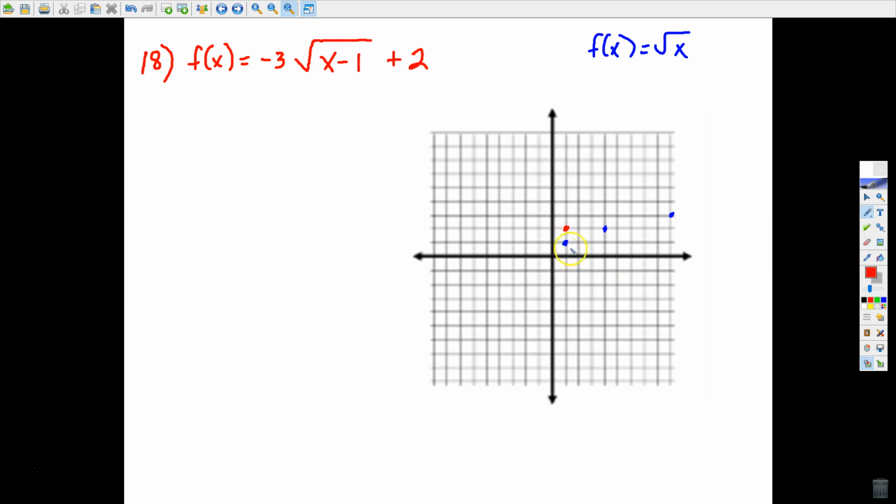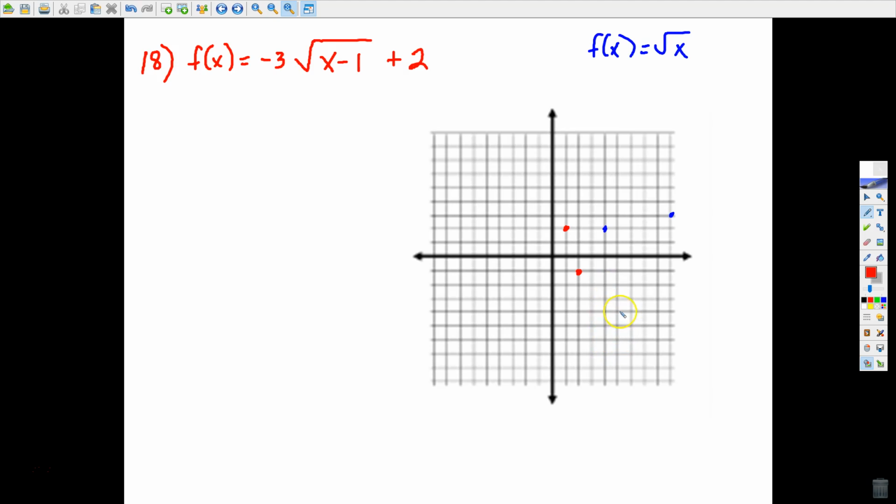Okay, here I am at 1, 1, but when I multiply by negative 3, it makes it become 1, negative 3. Then I do right 1, up 2. Okay, 4, 2, when multiplied by negative 3, becomes 4, negative 6.